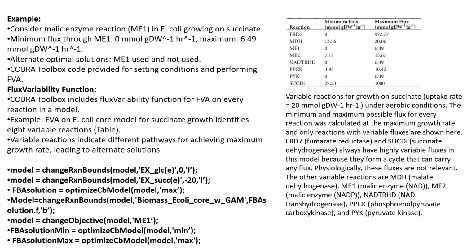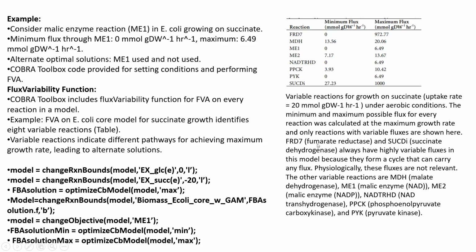Now, this table on the right shows the 8 variable reactions which are important for this succinate formation. These are variable reactions for growth on succinate with an uptake rate of about 20 millimole per gram dry weight per hour under aerobic conditions.